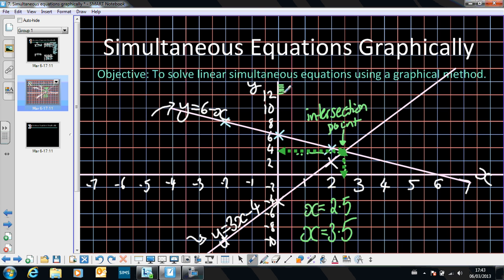And secondly, if you fill your page when you're drawing a graph, so you make it really big, then that will also allow you to be more accurate. So by doing those two things, you'll probably be able to get a greater accuracy than what I've got there.